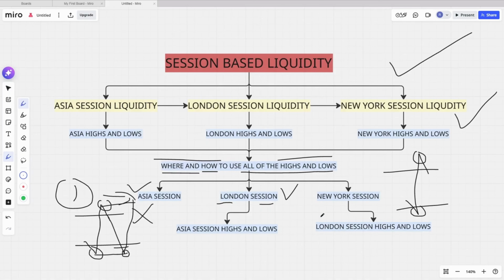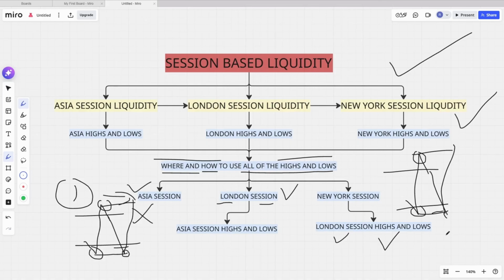These London session highs and lows are then used in the New York session in exactly the same manner, as swing highs and swing lows, and as areas of liquidity where we look for potential trade setups. So in simple terms, this is the process of how we use session highs and lows in our trading. The Asian session creates the range, the London session uses Asian liquidity, and the New York session uses London liquidity.